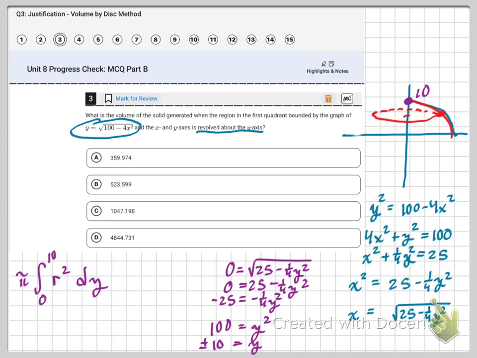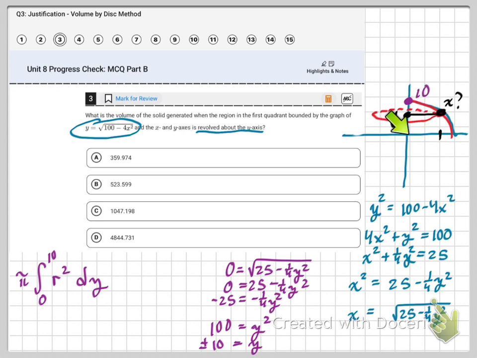Now we have to define the radius. The radius has to be defined with y, which is why we got this equation written in terms of y. So what happens here is we have to choose a y, and that y has to give us the result, which is an x.